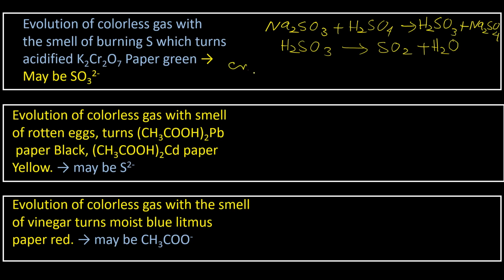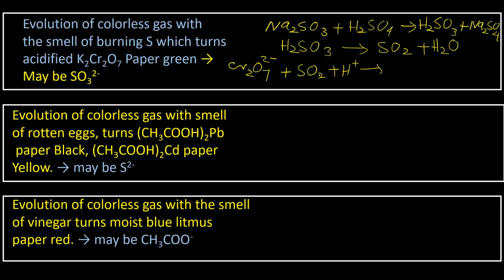We have taken dichromate, Cr2O7 2 minus, plus this reducing agent sulfur dioxide gas, and then it is in the acid medium. What will happen? Dichromate will oxidize this sulfur dioxide, that means the anhydride of sulfurous acid.